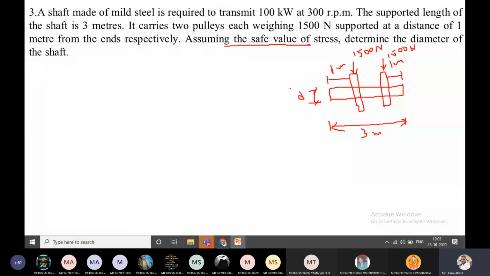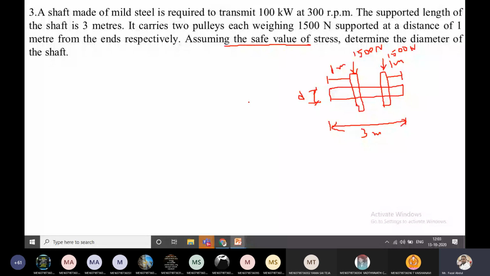To calculate the d value, first we need to check which category the given question belongs to. Based on strength and rigidity, there are 4 categories in strength and 2 in rigidity, 6 categories in total.